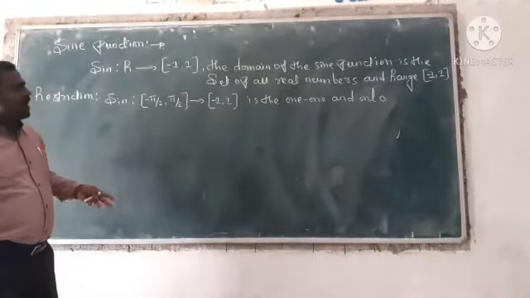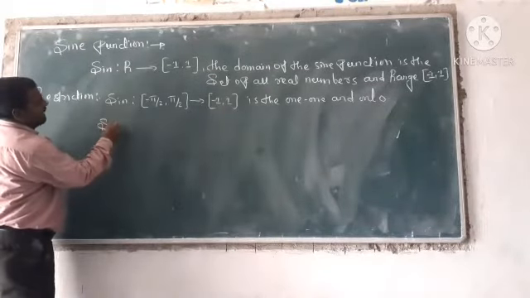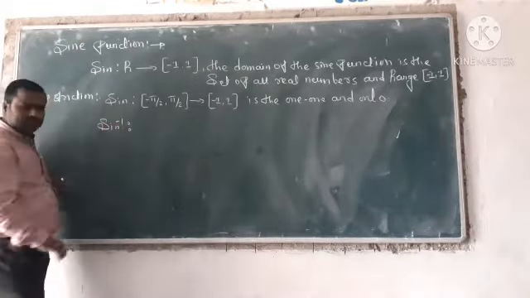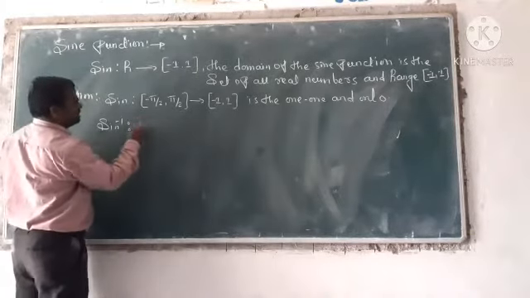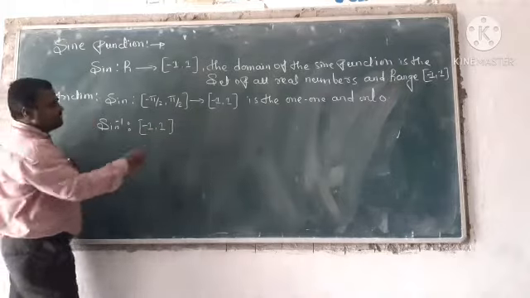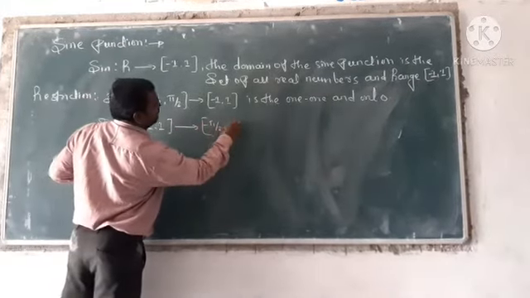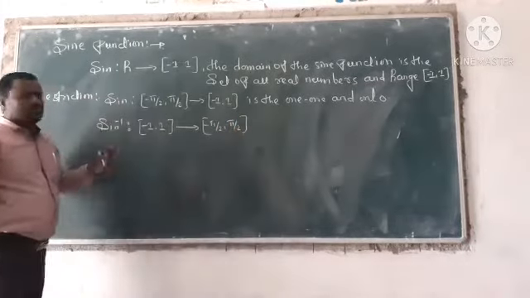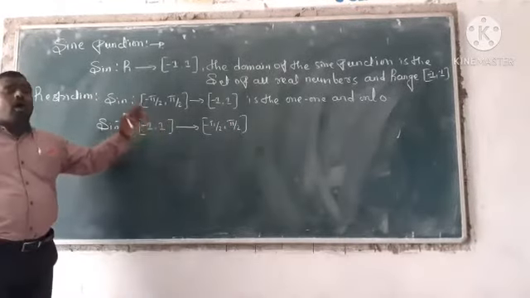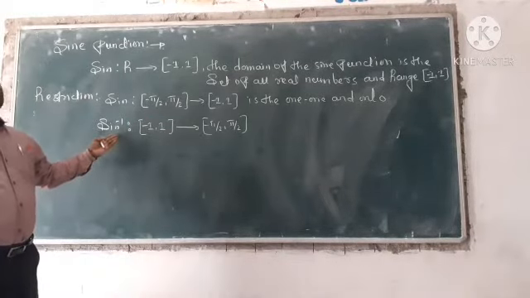By the way of the expression we take sine inverse, from minus 1 to 1 to minus pi by 2 to pi by 2. It is one-one and onto, a bijection, hence it is called the inverse function. Clearly I can say that.